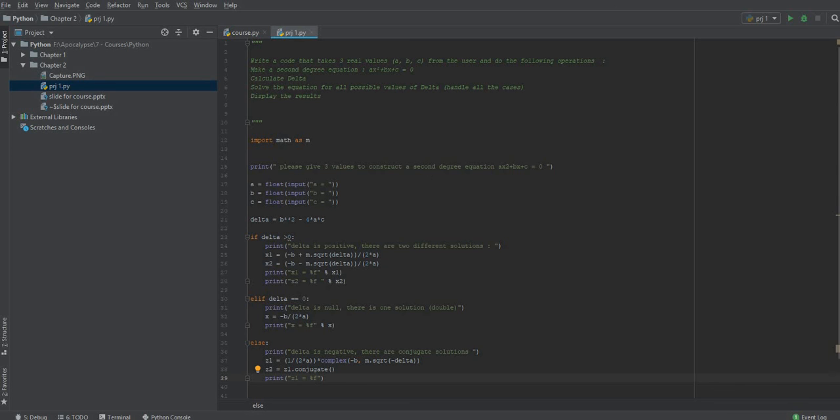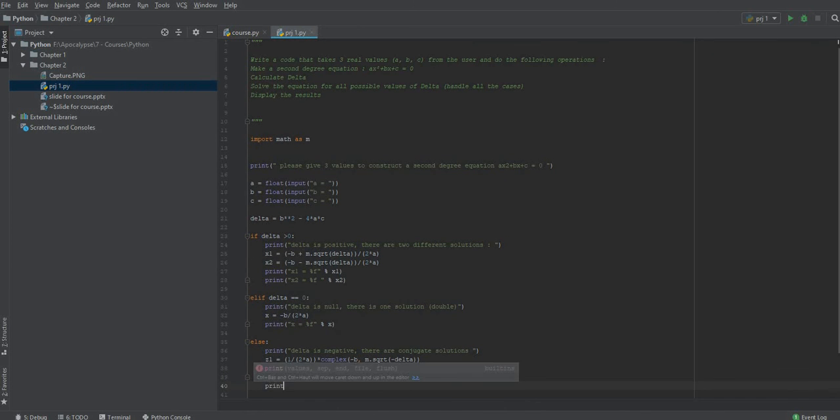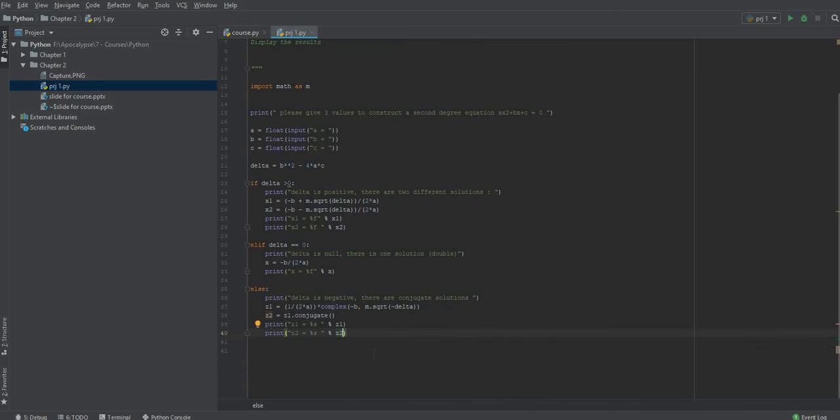You cannot put f here because complex numbers are not considered as float, but it should work with s, and here percentage z1. Same thing for the other value, percentage s, and here percentage z2. By doing this we are finished.